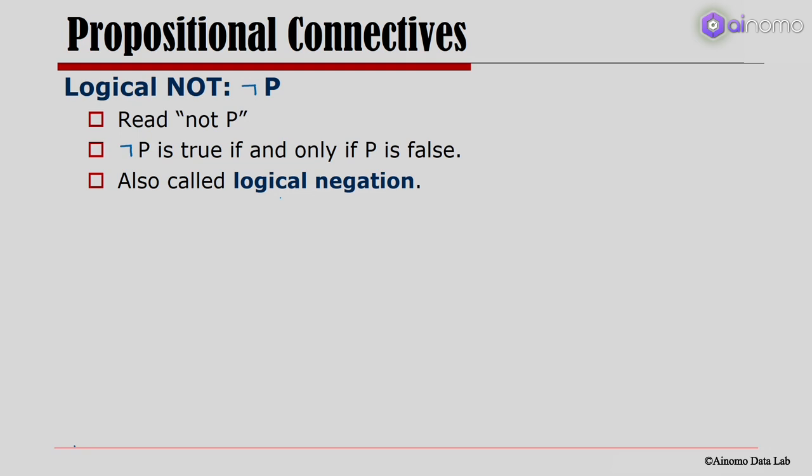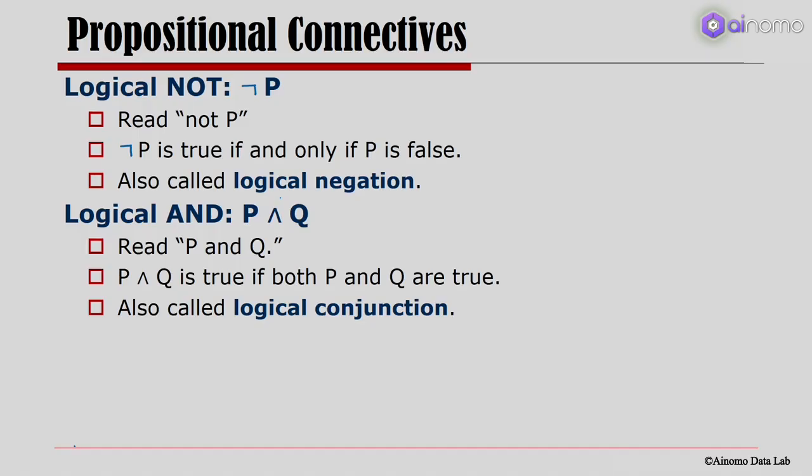Not P is also called logical negation. The next propositional connective is the logical and, read as P and Q. P and Q is true if both P and Q are true. Logical and is also referred to as logical conjunction.